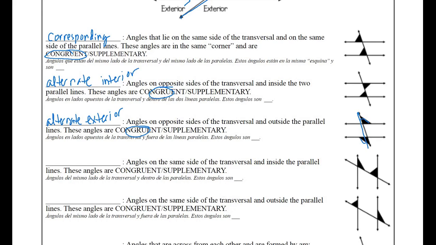Next, now our angles are on the same side of the transversal. We call these same side, and these angles are interior to the parallel lines, so we call these same side interior. Same side interior angles are supplementary.